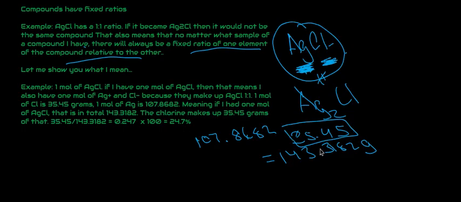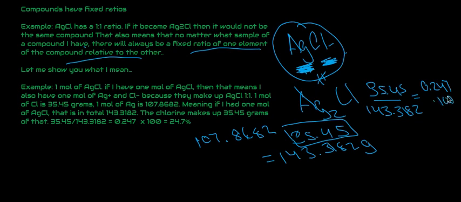So if you want to put this into a percent, what would you do? Pause the video and think about it. Logically, you can just use algebra for this. You can just do 35.45 over 143.3182 to get 0.247.